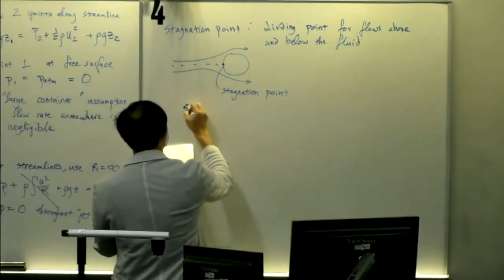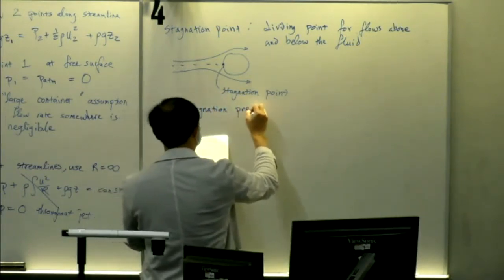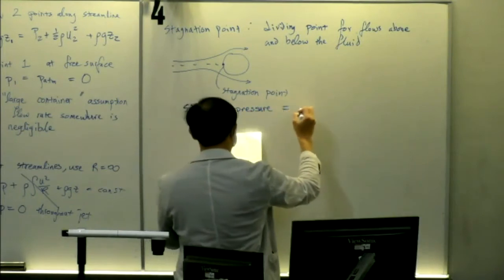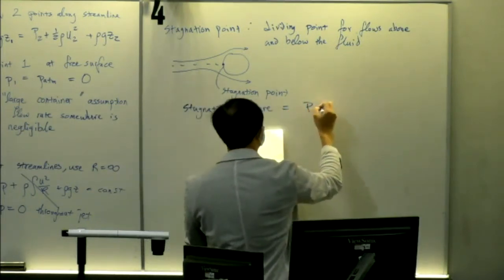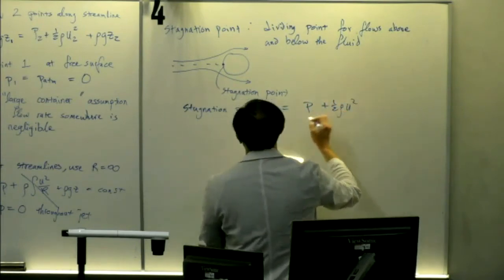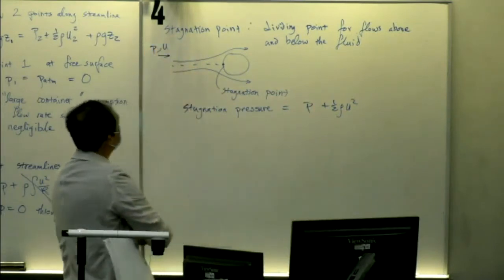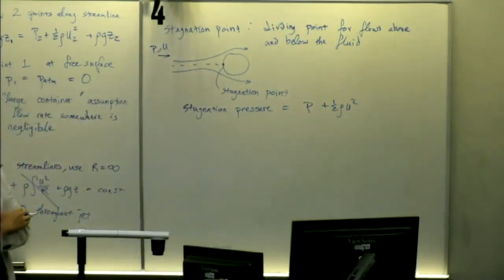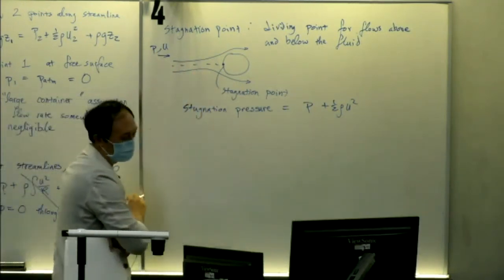So the stagnation pressure is P plus 1/2 rho u squared. Basically, if the fluid has a pressure P and a velocity u, that's going to equal whatever incoming pressure I have everywhere plus the velocity term.